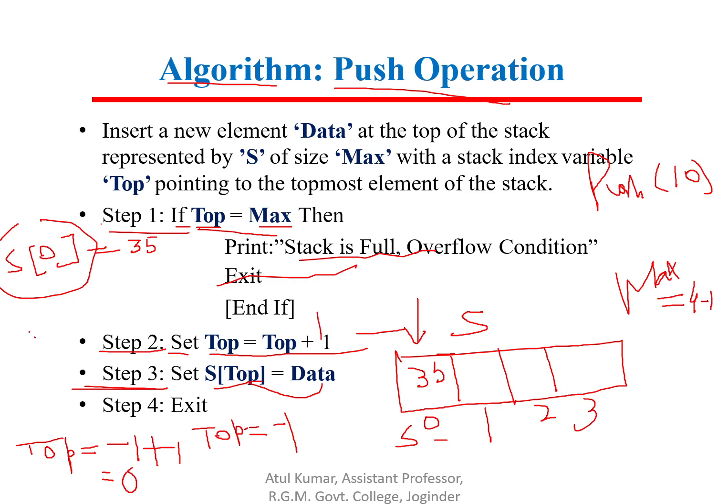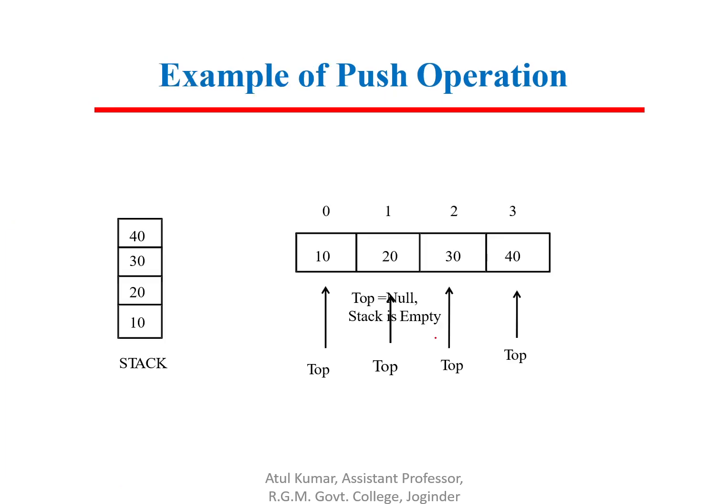Now S[1] is equal to the value we want to push, and that is 10. So 10 is assigned to position 1. Here 10 is added, and now top starts pointing to this position. In this way we can apply a push operation with the help of an array.